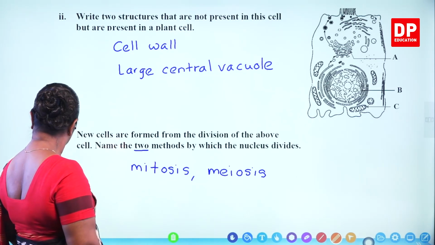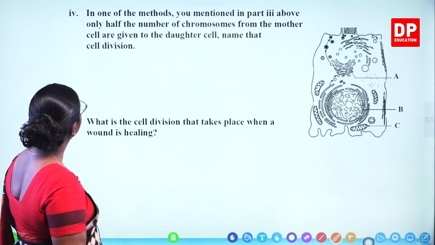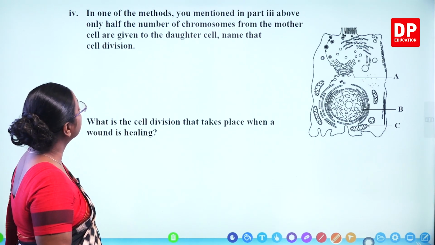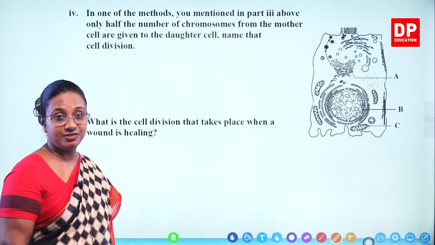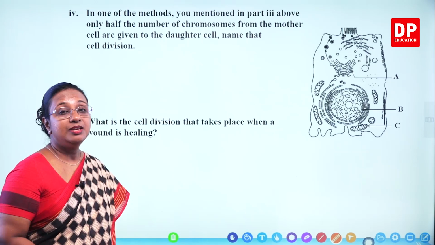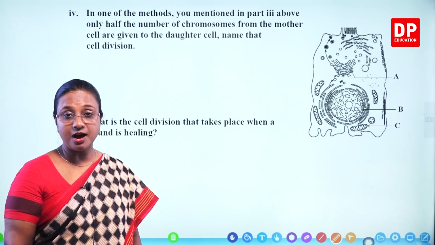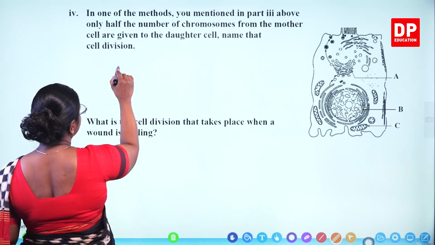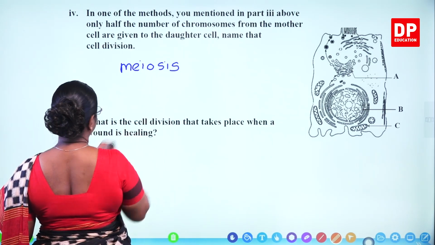Next question. In one of the methods you mentioned in part 3 above, only half the number of chromosomes from the mother cell are given to the daughter cell. Name that cell division. In what cell division is the number of chromosomes halved? The meiosis. So the answer will be meiosis.